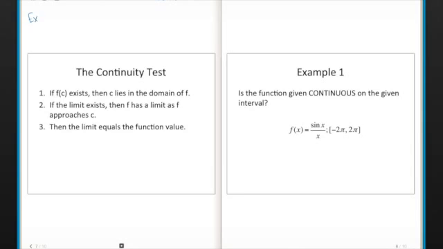All right. The continuity test is really popular for free response questions on the AP exam. This is one of my exam tips this week. The AP exam loves to give you a function and ask you to prove that it's continuous at a specific value.